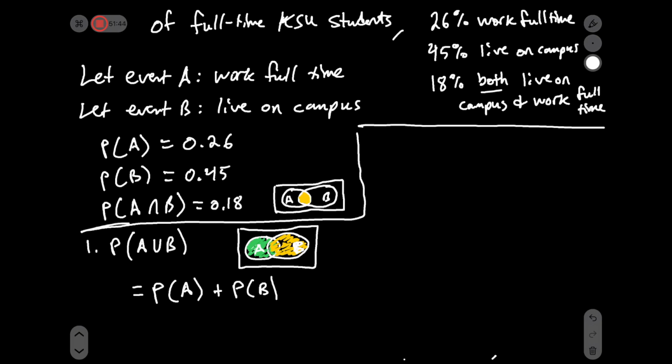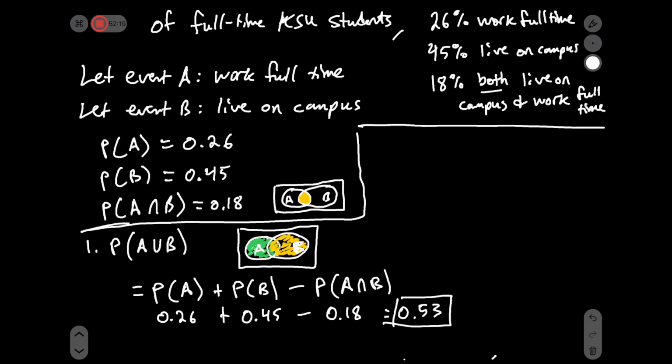We have to subtract them out: subtract the probability of A intersection B. And this is equal to the probability of A union B. We already have this information. The probability of A is 0.26, plus the probability of B, which is 0.45, minus 0.18, which was given. Altogether, this equals 0.53. Perfect.